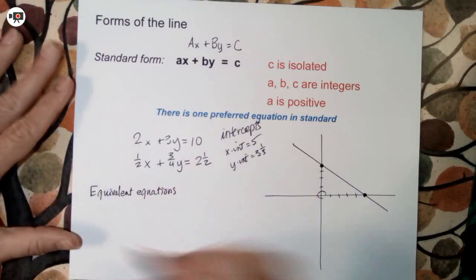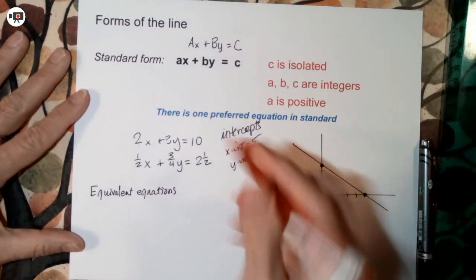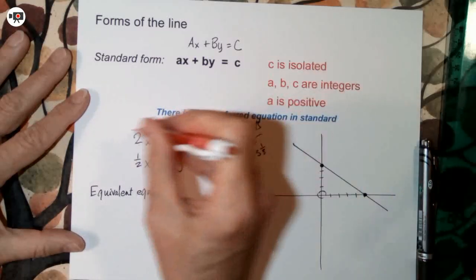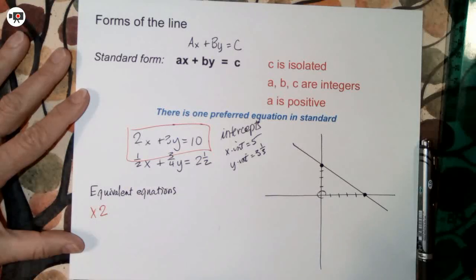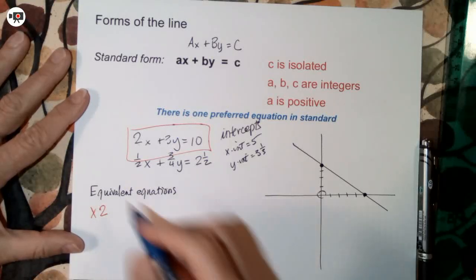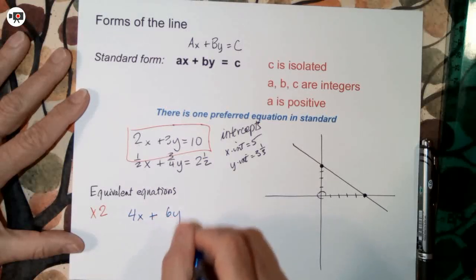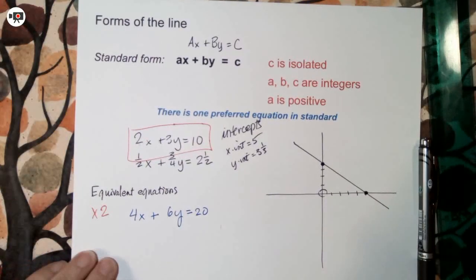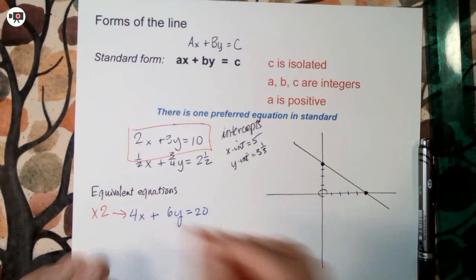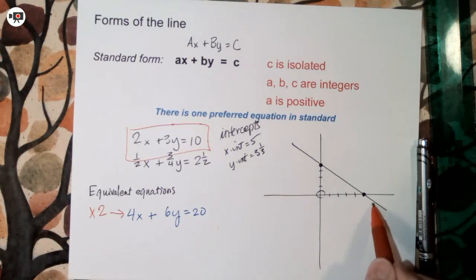So, for example, if I take this original one here, the one I'm dealing with first, and I multiply all the terms by 2, then I'm going to get 4x plus 6y equals 20. That is an equivalent equation. It is in standard form, and this is the graph of it.